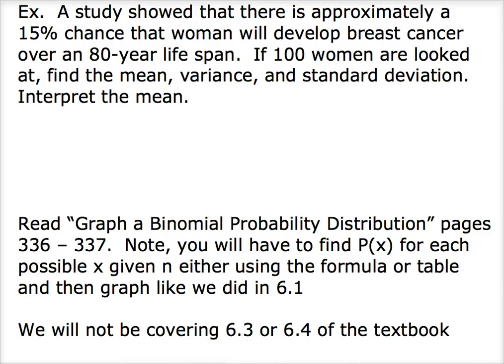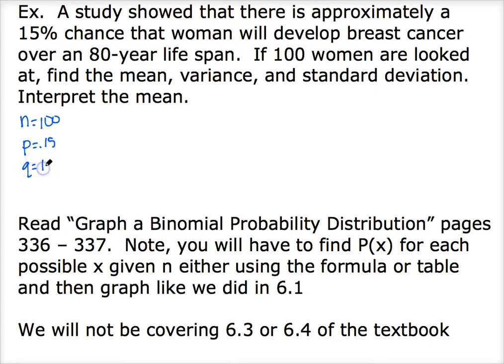A study showed that there is approximately a 15% chance that women will develop breast cancer over an 80-year lifespan. If 100 women are looked at, find the mean, variance, and standard deviation, then interpret the mean. N is 100. P is the probability of success, or the probability that a woman gets breast cancer, which is 0.15.